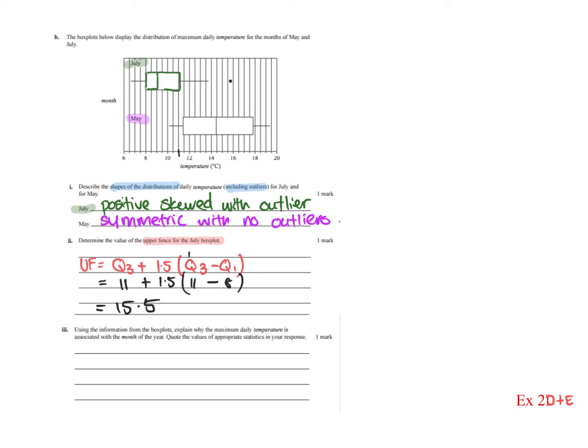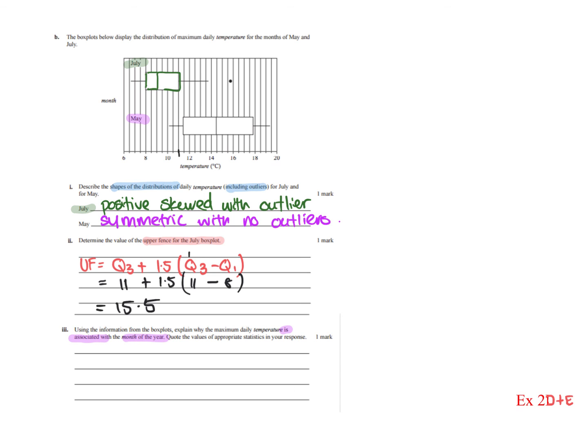Now, these last ones, they're always going to do these, and these will be the type of questioning on a SAC. Use the information from the box plot to explain why maximum daily temperature is associated with the month of year.